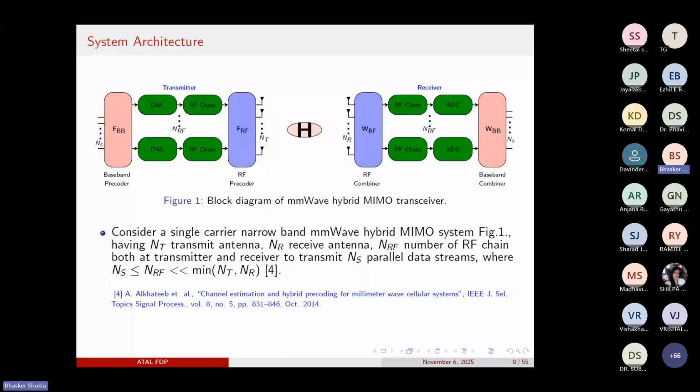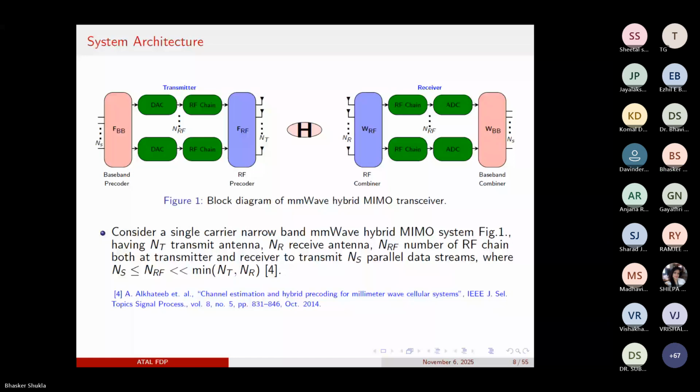And the RF chains that I have already mentioned are a combination of low noise amplifiers, filters, ADC and DAC converters and other circuit elements, known as the radio frequency chain.